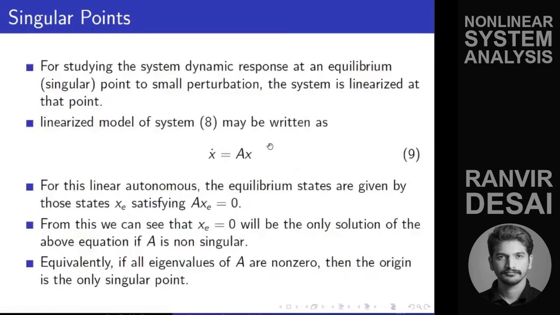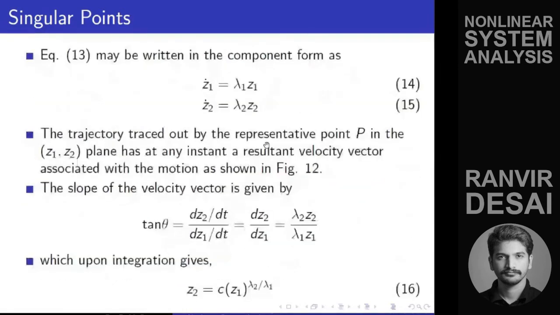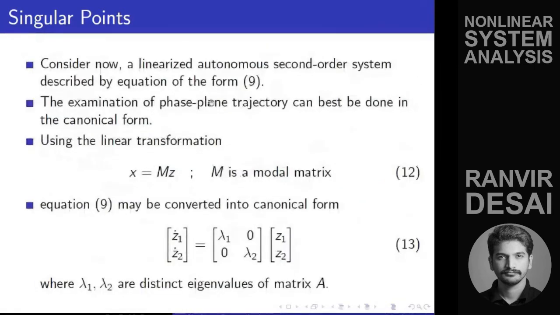Okay, consider a linear system again. You know about linear transformations and how they are used. So consider this linear transformation, where M is a modal matrix, meaning your eigenvector matrix. If you have x equal to Mz, you can convert that system into a diagonal system. This is the diagonal system representation of x dot equal to Ax, where lambda 1 and lambda 2 are separate.